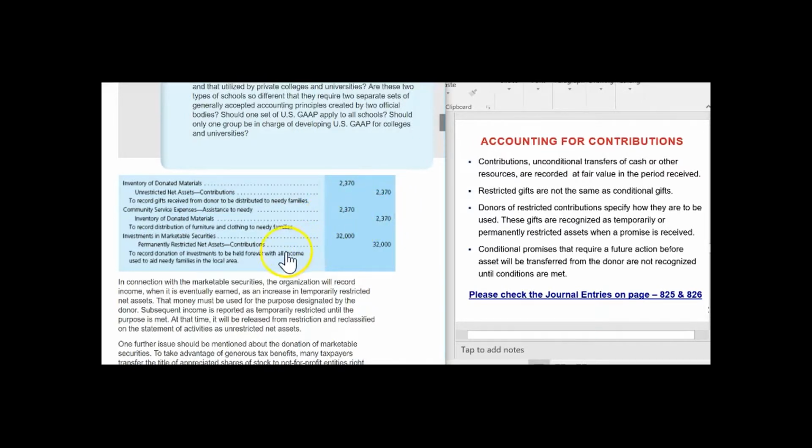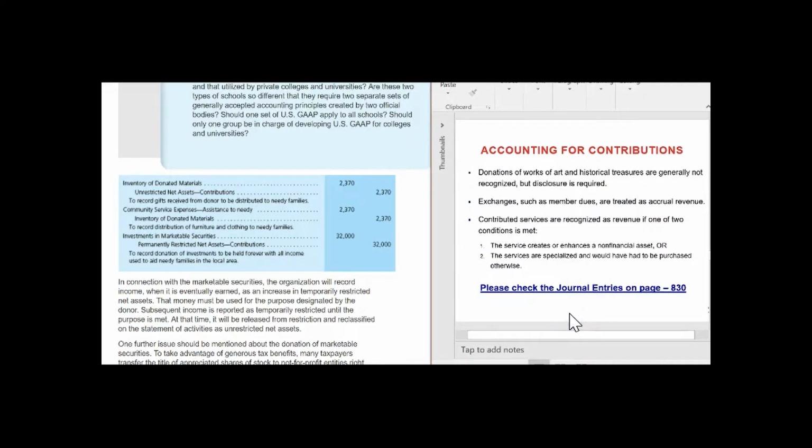Now for the marketable securities, they will debit investment in marketable securities because someone is transferring their security, and they will credit permanently restricted net assets. So this is how you calculate all those numbers and record all those journal entries.